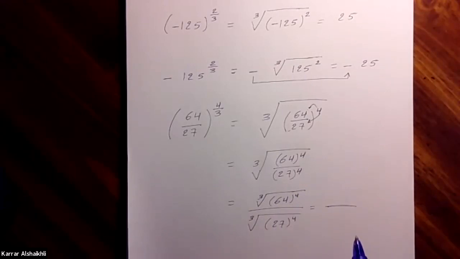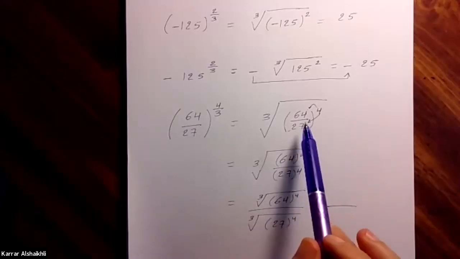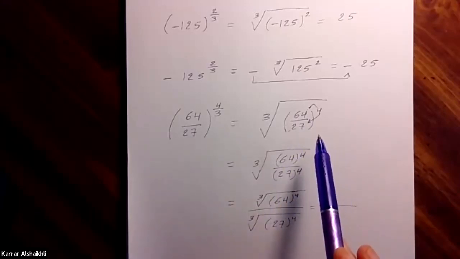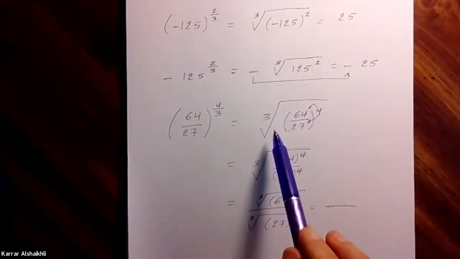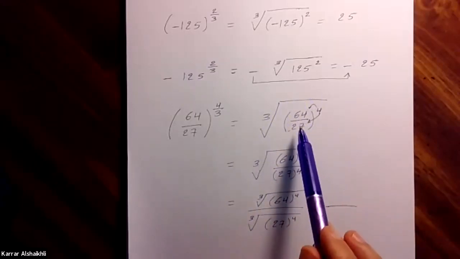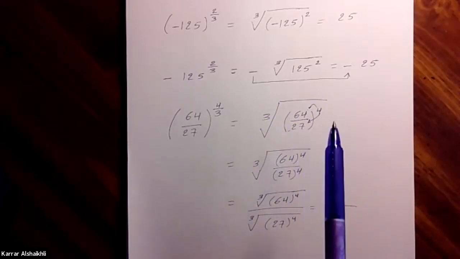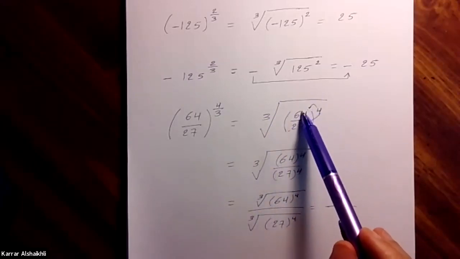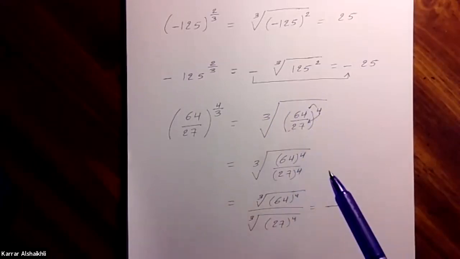Did you get 256? I got 59.1. No, that means there's something wrong, because you don't get a decimal, remember? If I type it on the calculator as 64 to the root of 4 divided by, it's going to be wrong. That's why you have to do these steps, because you can't plug this one in the calculator. You're going to get a decimal number and you can't find the root of a decimal number. So you have to distribute the 4 to both the top and the bottom.